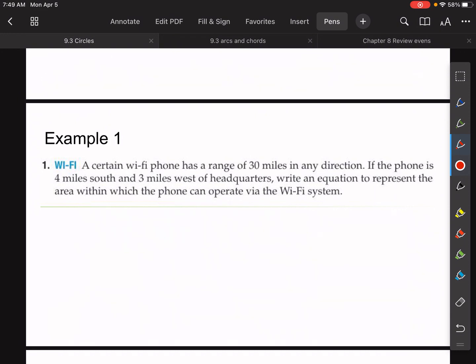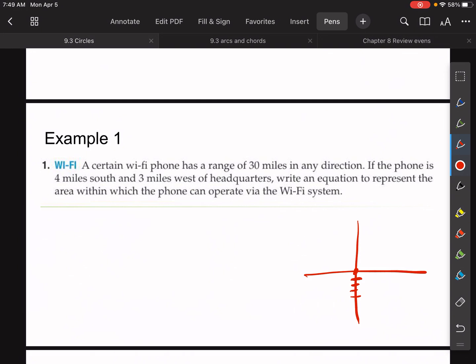Okay, so it sounds like they want the area of a circle here, but really they only want the equation of a circle where, if you had a coordinate plane here, let's just make headquarters 0, 0, right? So we're 4 miles south. We can represent that with the point -4 in the y direction, and 3 miles west.